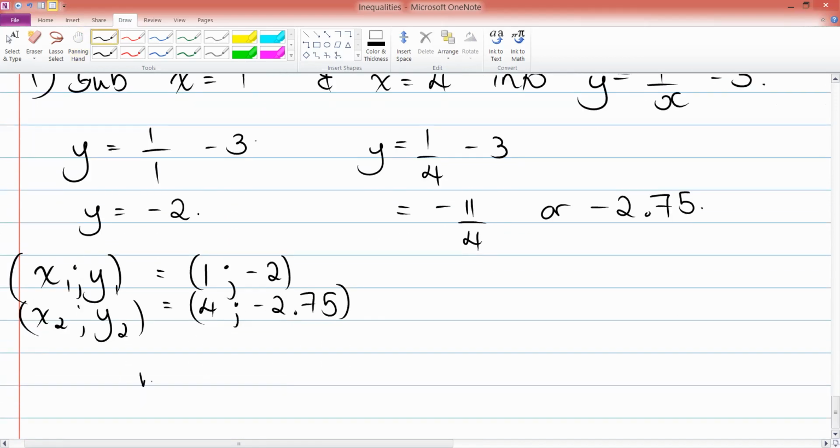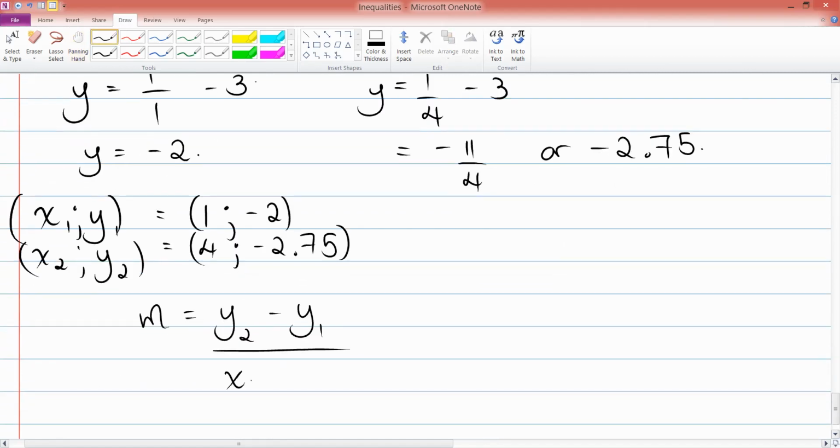We're now going to use our gradient formula: Y2 minus Y1 over X2 minus X1. So first the Y2 value. Okay, some people also prefer it like this, and then this one's your X1, Y1. It's up to you which one you prefer. You can just adopt it as you like.